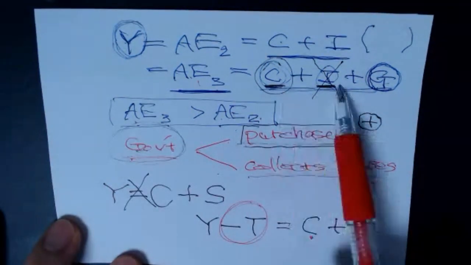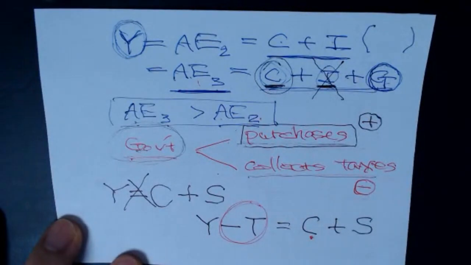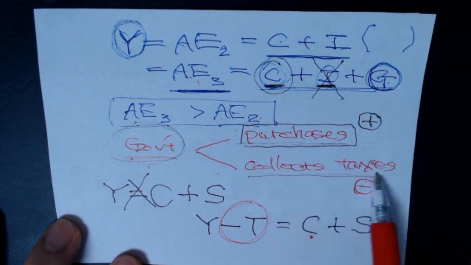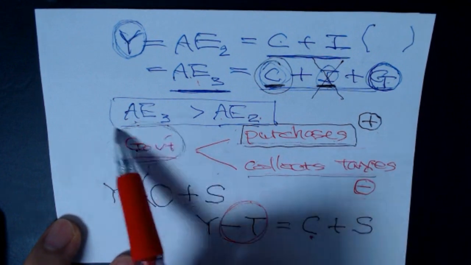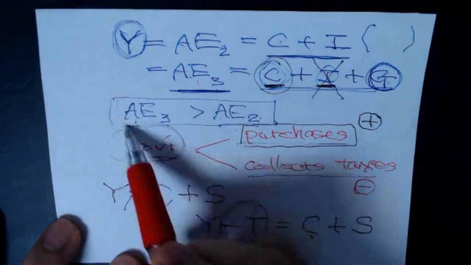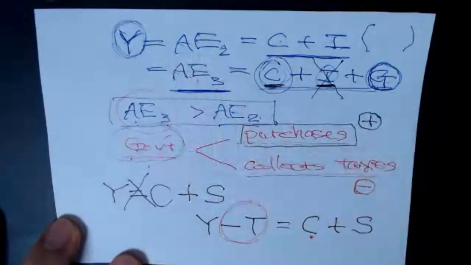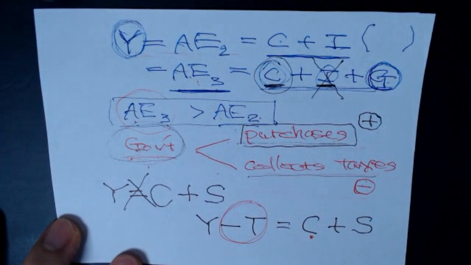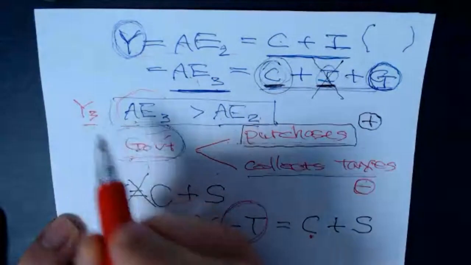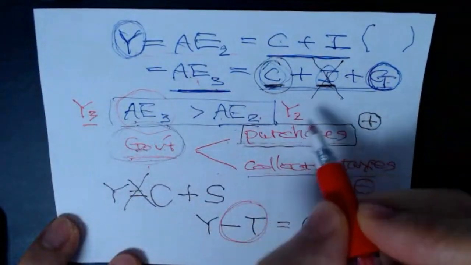Because household consumption and firms' investment will decrease a lot. But if government purchases more than what it collects, then aggregate expenditure is likely to increase compared to two-sector aggregate expenditure. So when this happens, according to this equilibrium condition, it automatically tells us that Y3 should be greater than Y2.